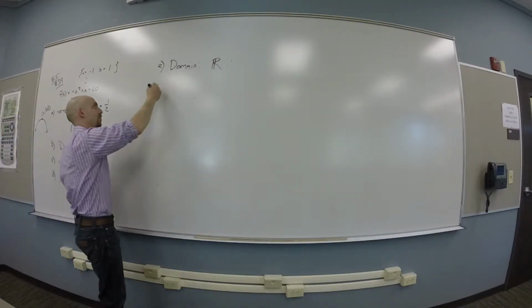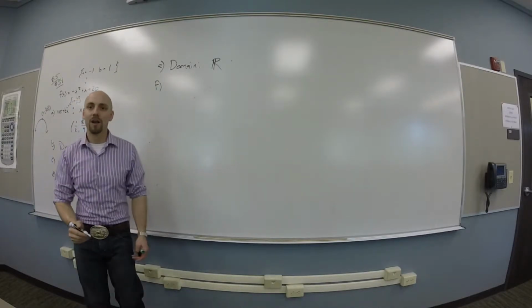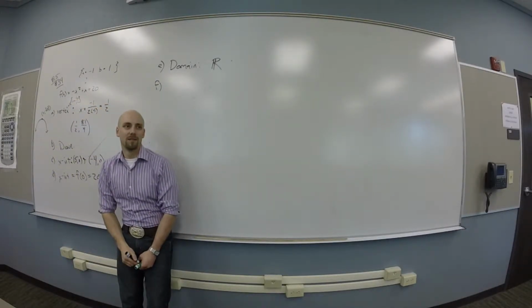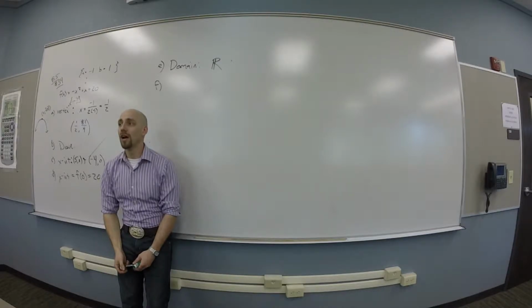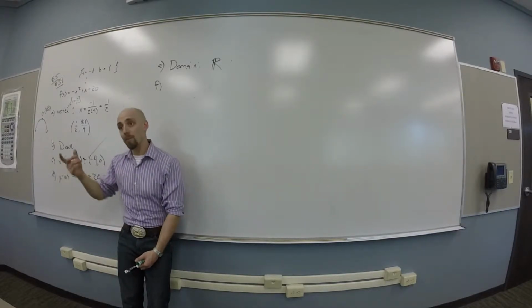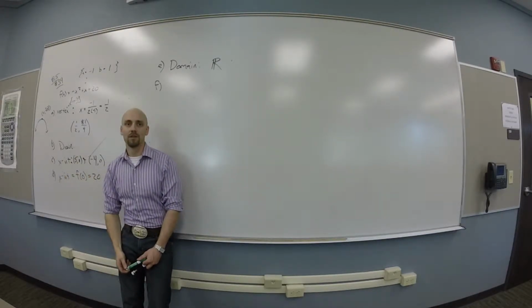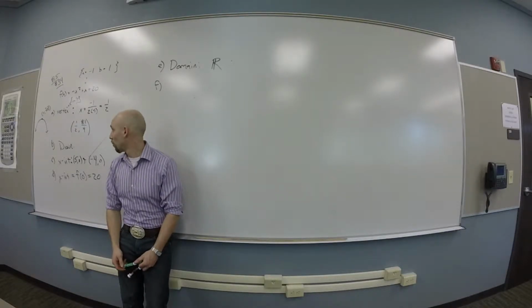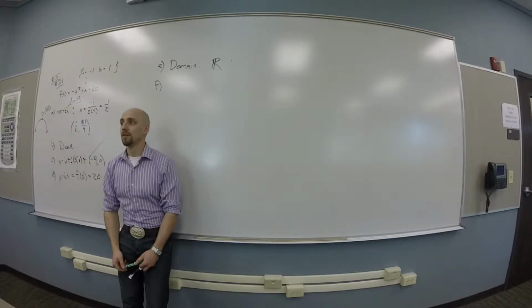The range gets a little bit more complicated. Why? Because it stops at the vertex. There's a vertex and an up or down consideration. You guys all see that? So this one is pointed down. So where does the range start?